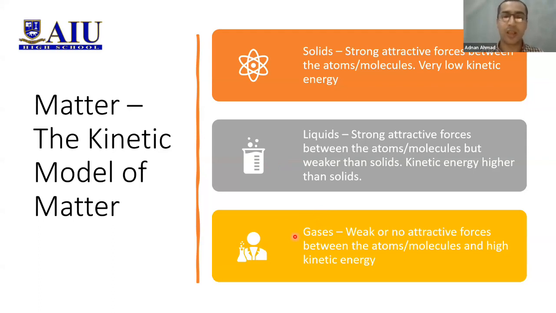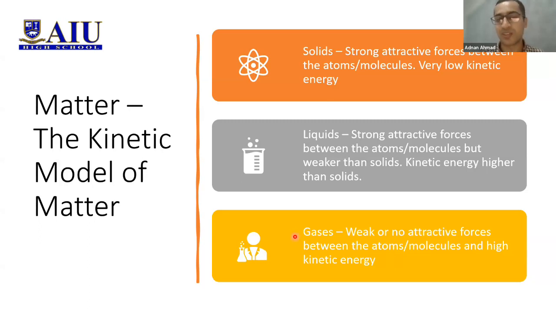So what happened? The gas molecules from that perfume traveled from one corner to another corner of the room, right? The gas molecules have lots of movement. That is why we say that gas molecules have very high kinetic energy.